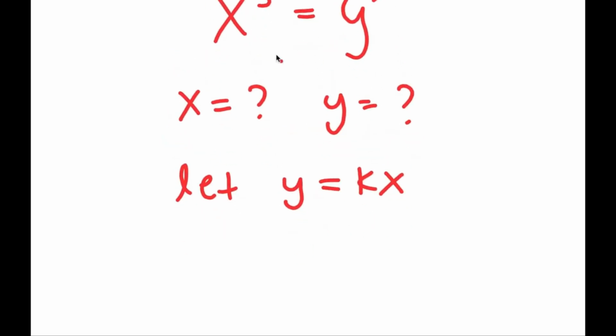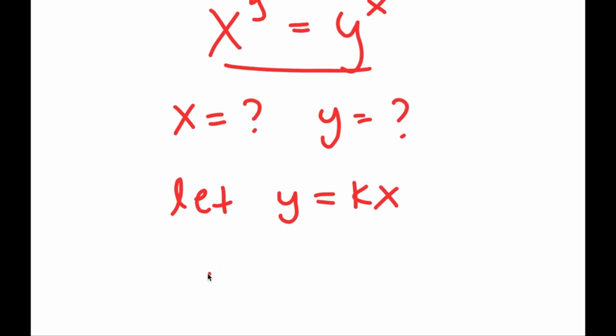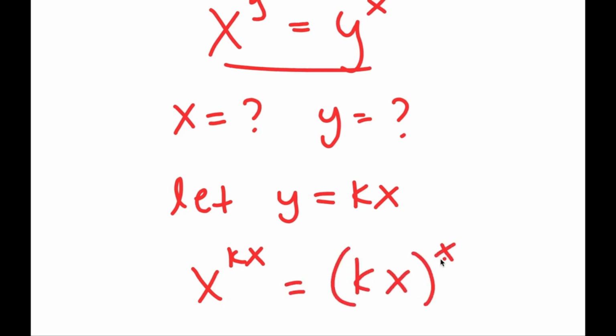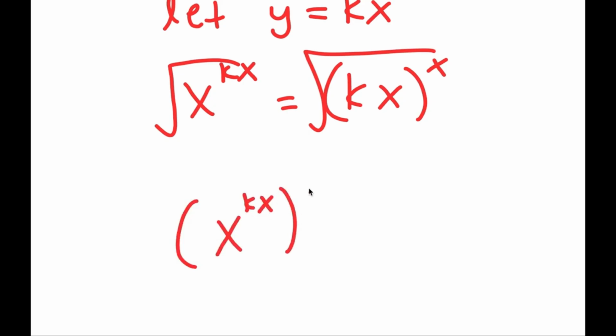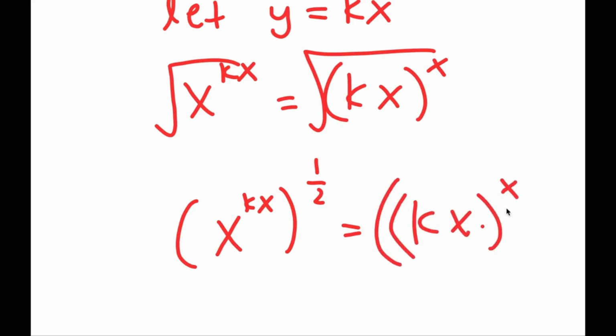So this means that, going back from here, I have x to the power of kx, I'm substituting kx for y, is equal to kx to the power of x. Now I'm going to take the square root on both sides, so I get x to the power of kx to the power of 1/2 is equal to kx to the power of x to the power of 1/2.